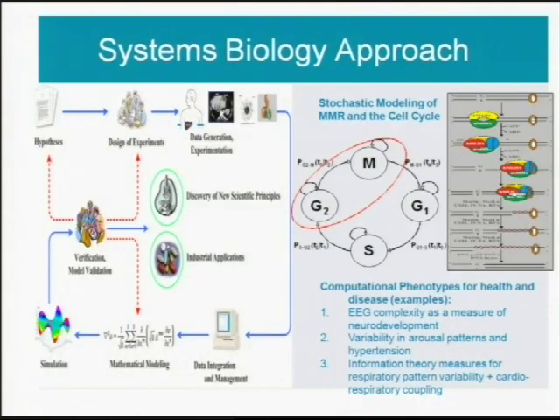And this is my last slide. Based on this systems biology concept, we have a number of programs that are going on. The slide on the left pretty much shows this systems biology workflow where hypotheses are generated clinically, experiments are designed to try and confirm those hypotheses, data is gathered, the data is integrated, it's used in modeling, it's used in what we call in silico experiments, experiments in silicon.